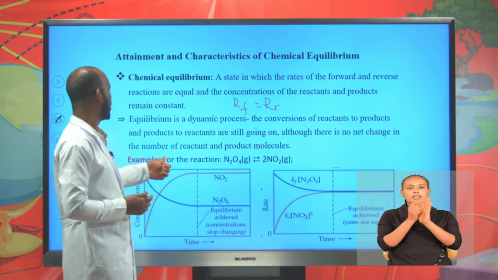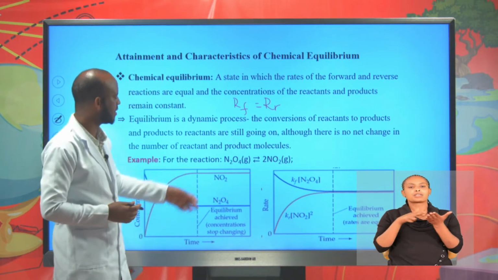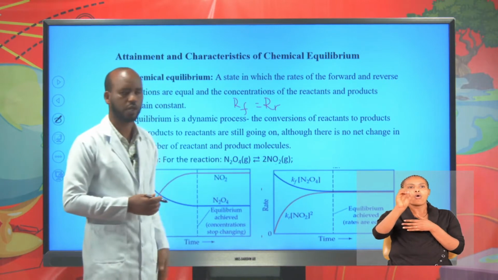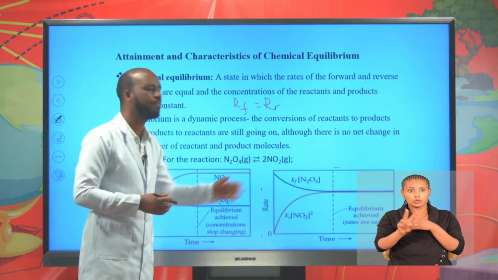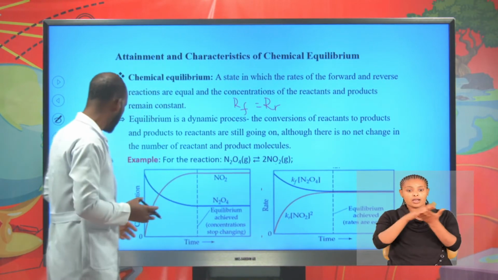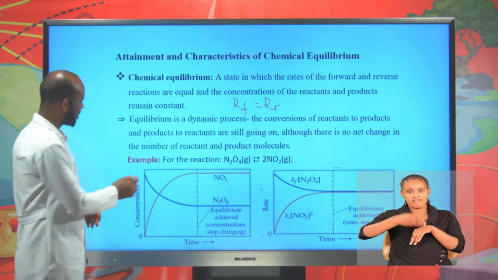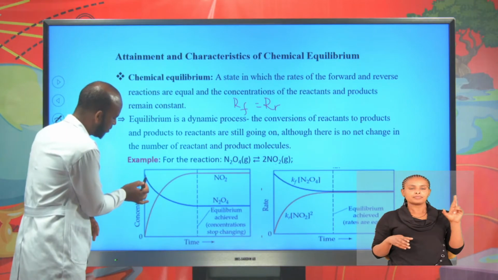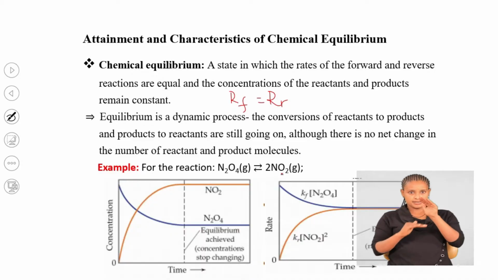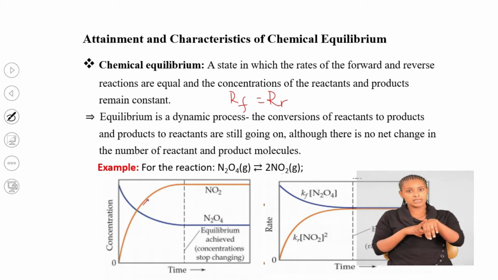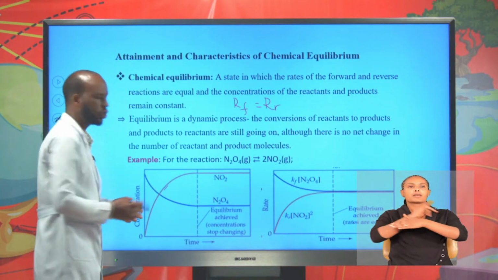For example, the reaction in which dinitrogen tetraoxide is converted into nitrogen dioxide is an equilibrium reaction. This is a concentration-time graph. The concentration of the reactant decreases, and the concentration of the product, nitrogen dioxide, increases. After some time, equilibrium is established.